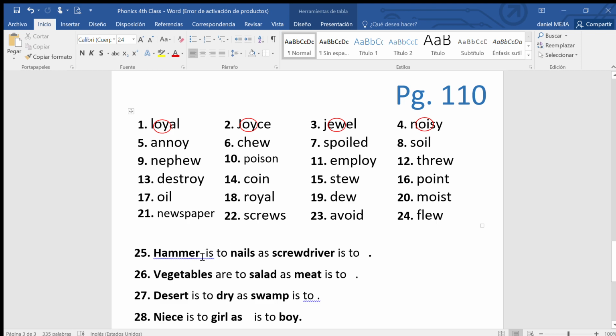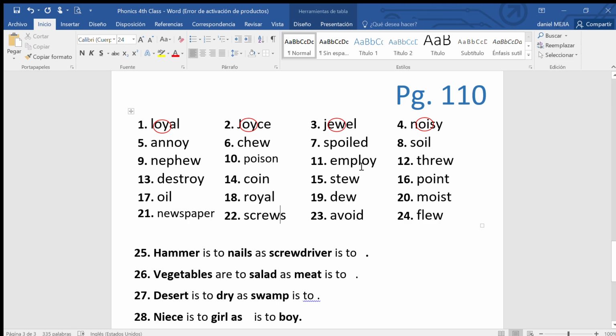Those little things you use for cars to put them together, okay? Jewel, like your rings, okay? Necklace. All of those are jewels. Spoil. For example, when your apple is all orange and it's spoiled, okay? You cannot eat it anymore.